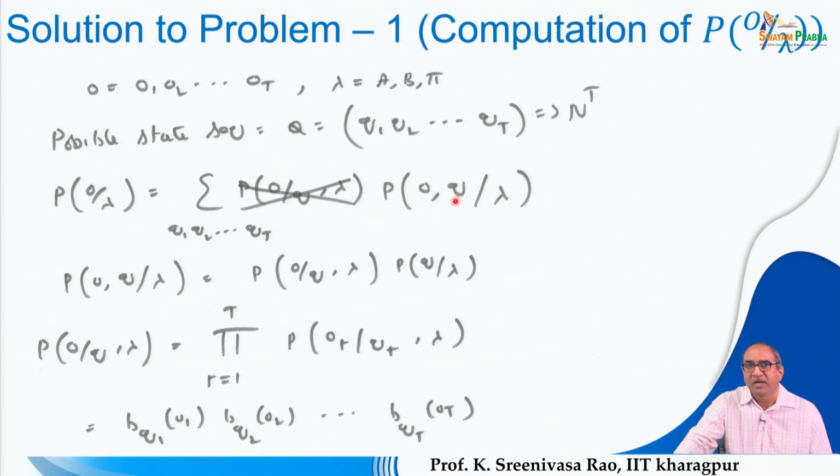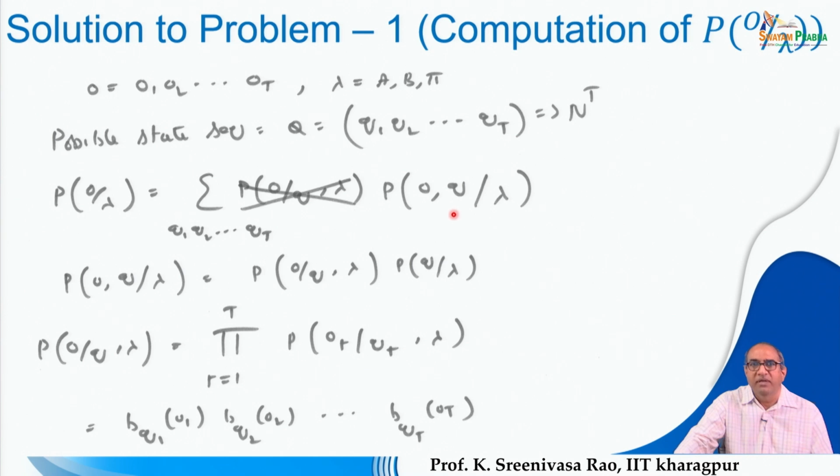It is the summation over the state sequences q1, q2, up to qT of the joint probability of O for a specific state sequence, for a given model lambda.